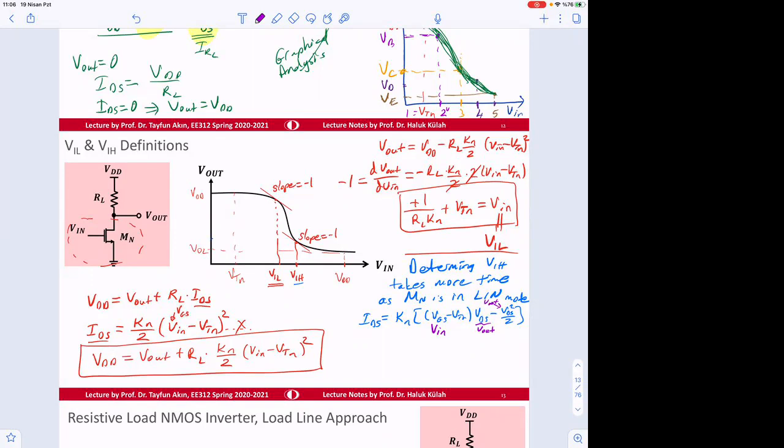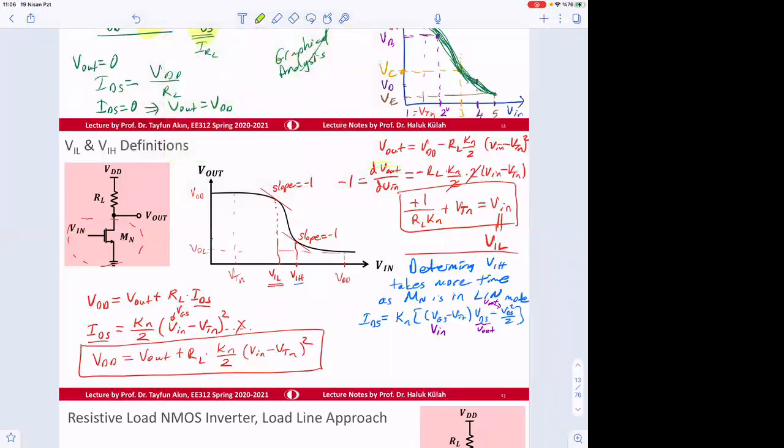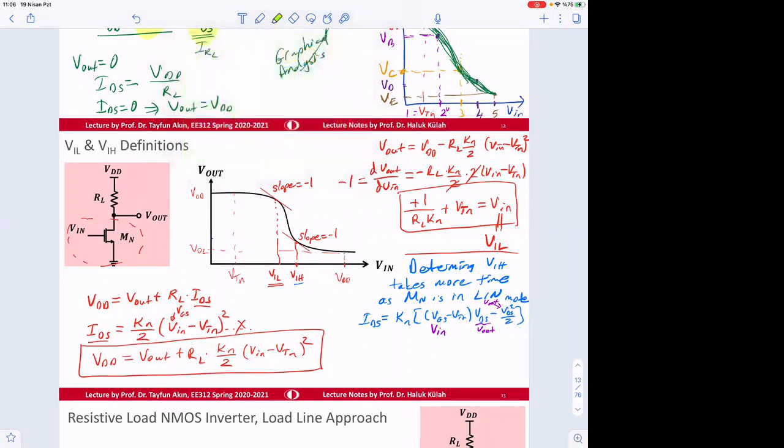So instead of solving this easily, like making one equation and then trying to find the derivative, solving it this way is not going to be that easy.